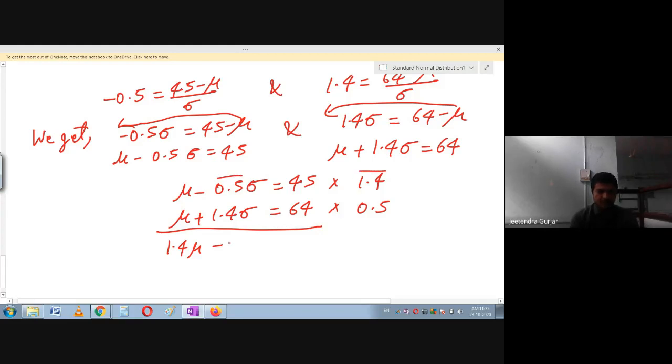I think you are familiar with these two equations; you can find x and y. Instead of x and y, they have given sigma and mu. Yes, 0.5 into 1.4, how much, students?